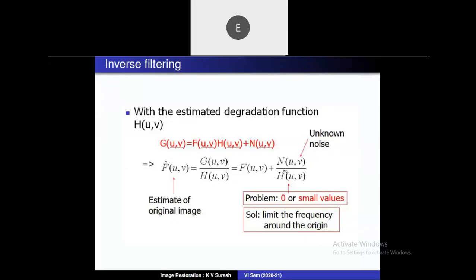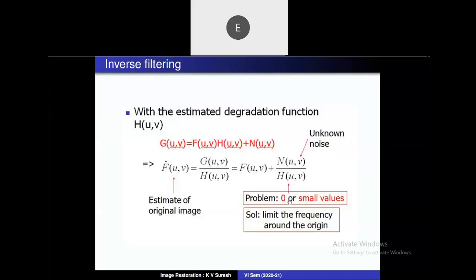The second one is, even though I estimate the blur, blur is usually a low pass filter. Low pass in nature means at low frequencies the magnitude will be 1, whereas when I go to high frequencies the magnitude decreases. All of you know how the low pass filter response looks.